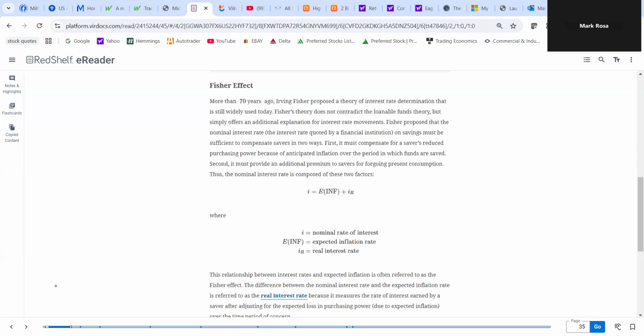You have the real interest rate that has no inflation. Then you add the inflation factor on there, and it becomes the nominal rate, the rate that you and I would see if you called the financial institution and said, look, I'm getting ready to buy a car. What kind of rates do you have? I'm shopping around, I'm looking for a better rate.